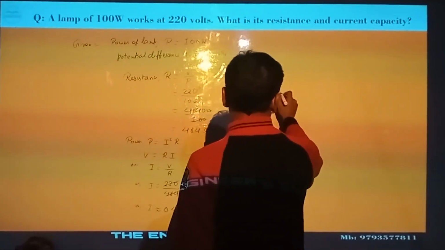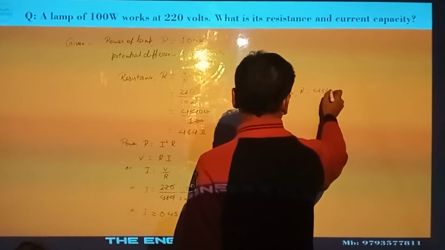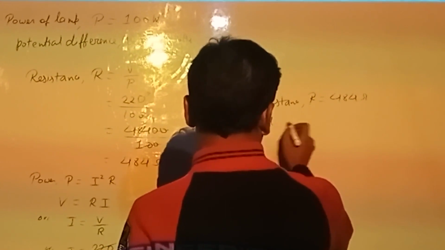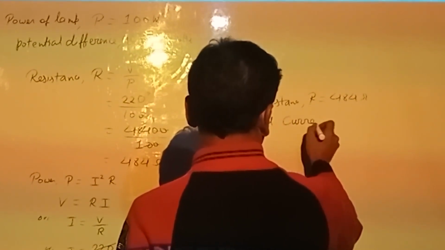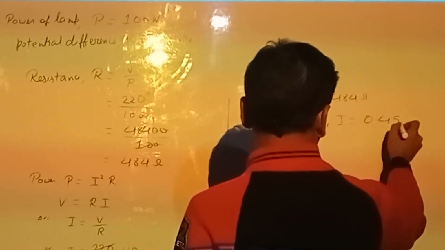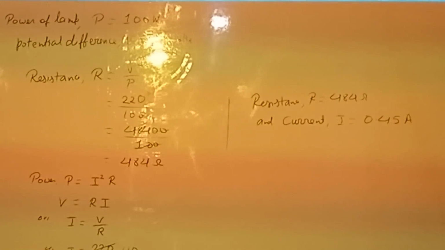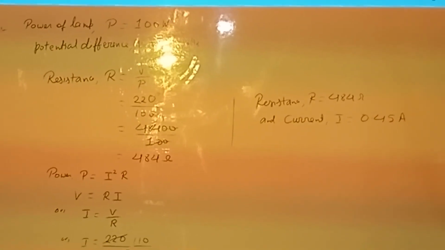So we have the answer: resistance 484 ohm and current I equal to 0.45 ampere.